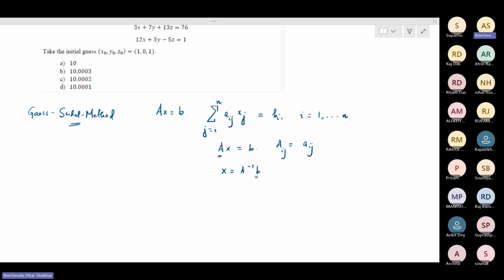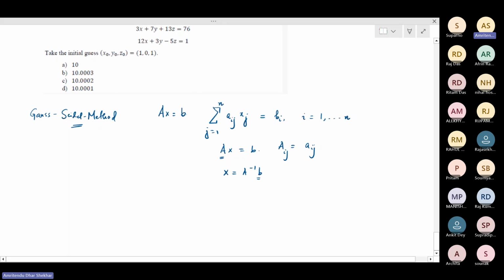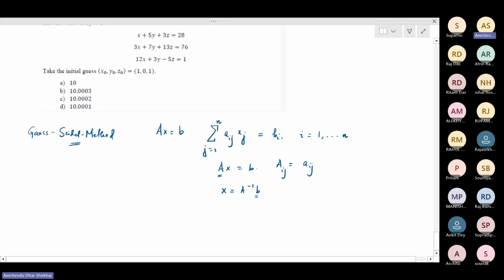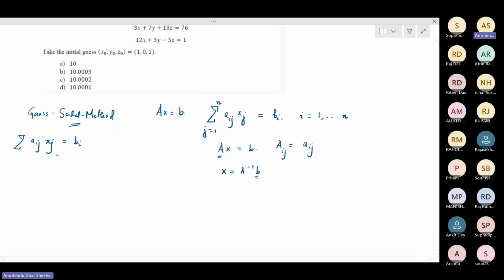This is called the Gauss-Seidel method. Let's say you have a system of equations of this form: a_ij x_j is equal to b_i. You have n equations and n variables, so j is from 1 to n, and i is from 1 to n.